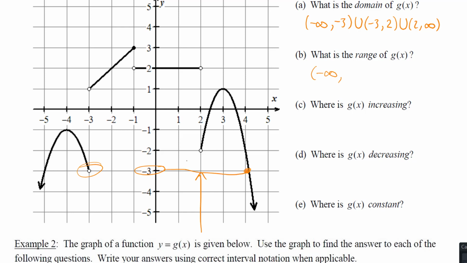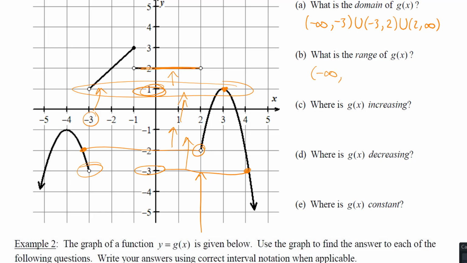We keep moving up. And then there's this problem right there at the output of -2, but there is an output of -2 over there on the graph. So we're still all good. Keep moving up. See right there, there is no output on this part at -3, but the output of 1 does occur over there on the right. Keep on moving up.